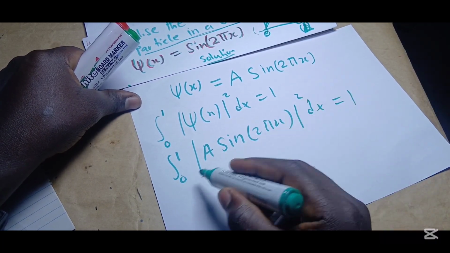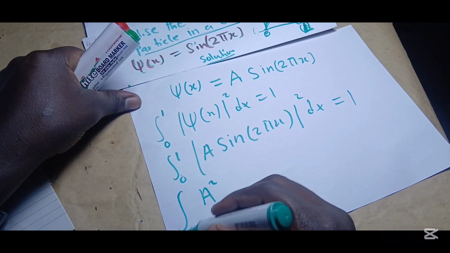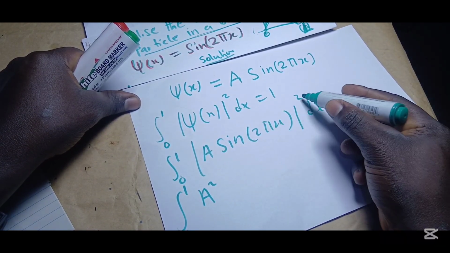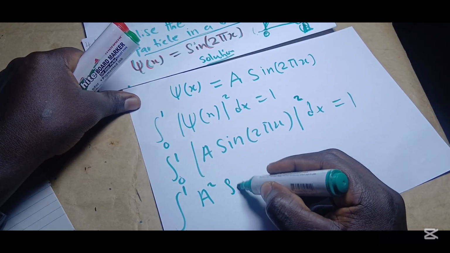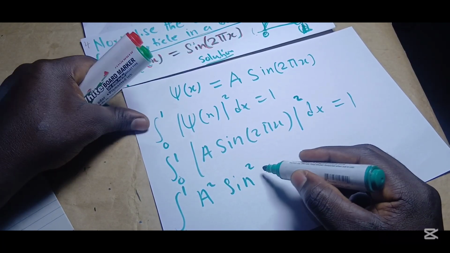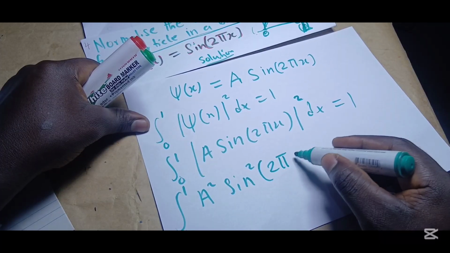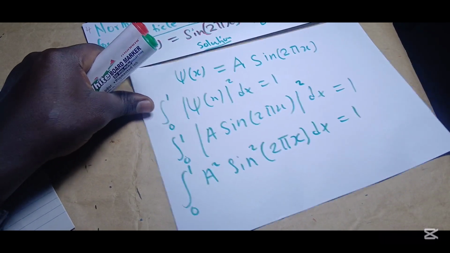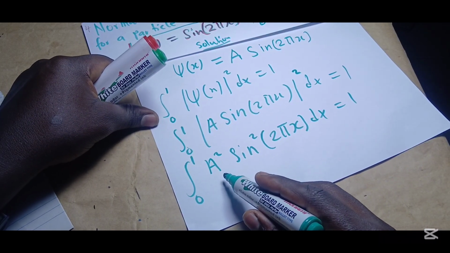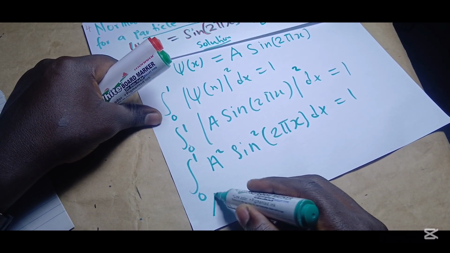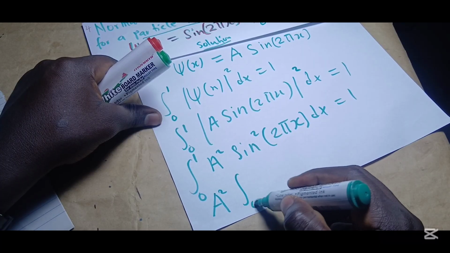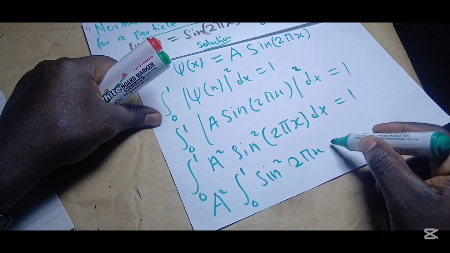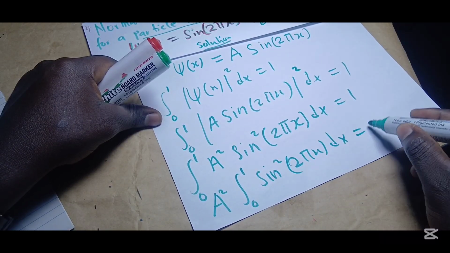We are going to get a squared integral from 0 to 1, then sine 2 pi x to the power 2 is going to give us sine squared 2 pi x dx equal to 1. Since a is a constant, our normalization constant, we can bring it out. A squared integral from 0 to 1 of sine squared 2 pi x dx equals 1.